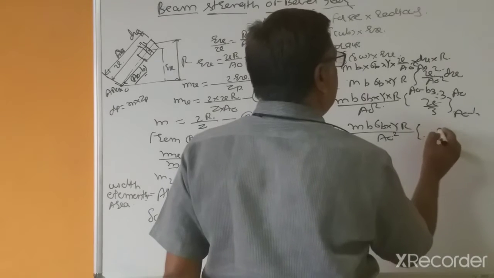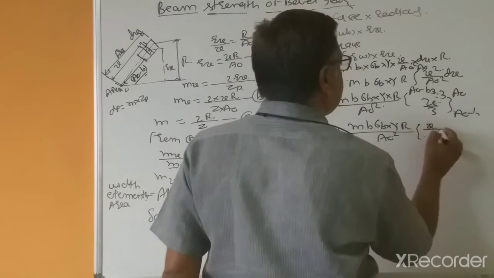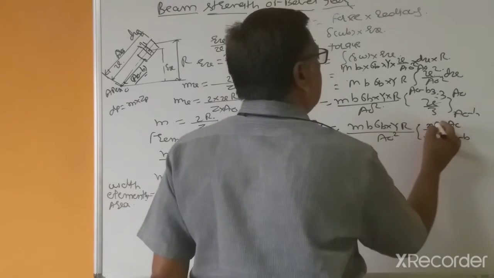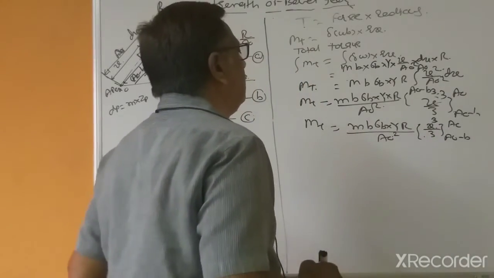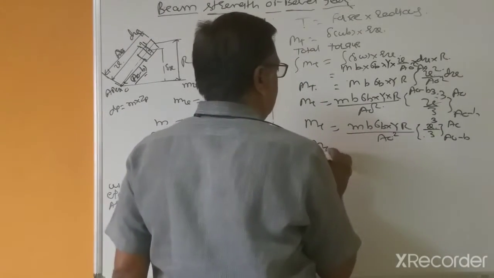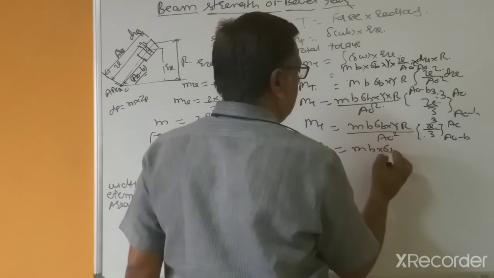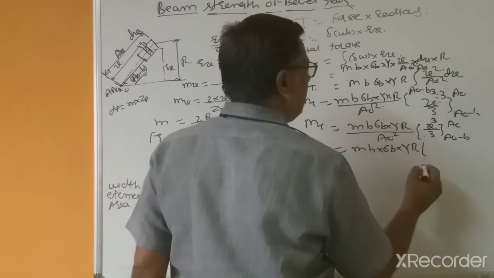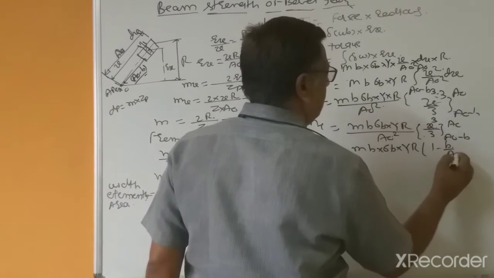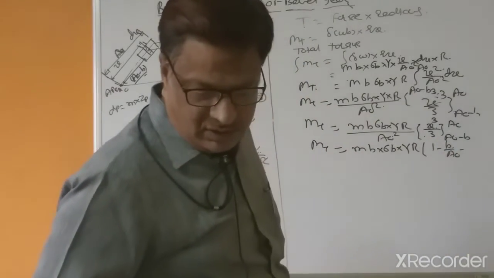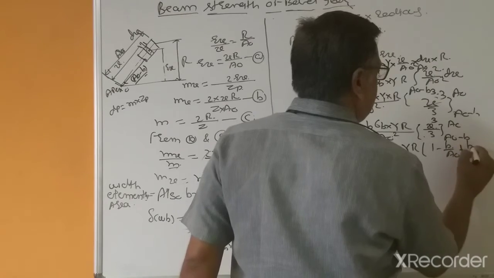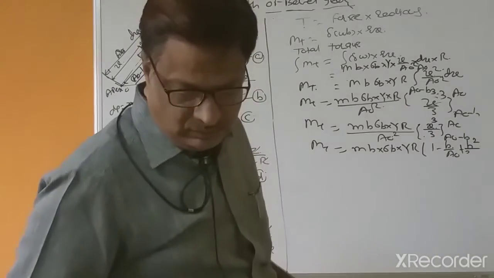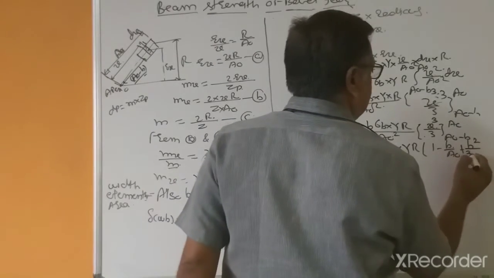Now this is equal to x by 3. So now by putting this value, you will get m b sigma b into y r's, and in brackets 1 minus b divided by a0, plus b0 b squares divided by 3a0 squares.